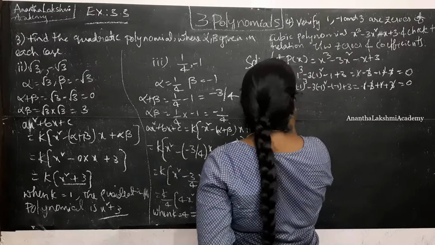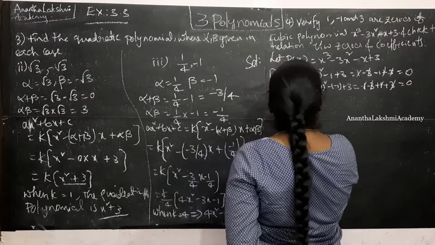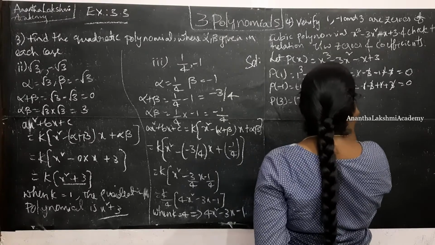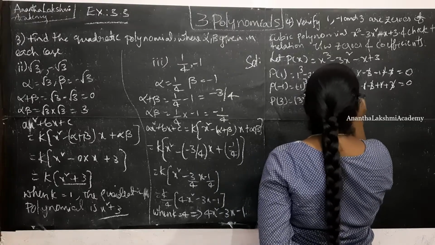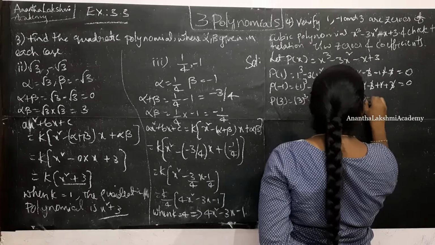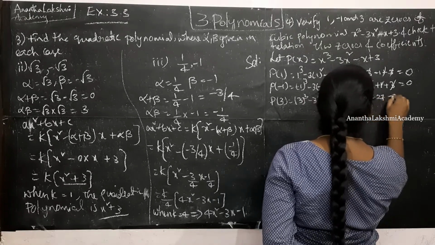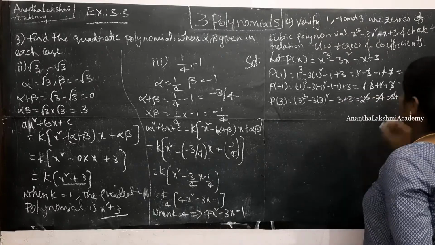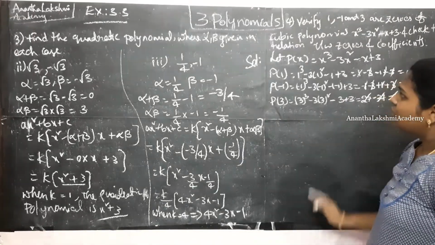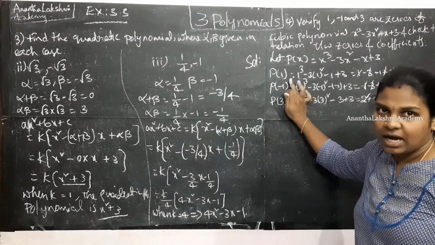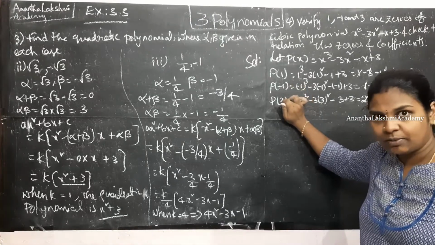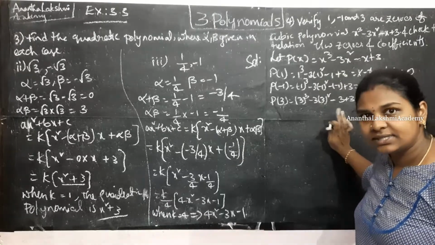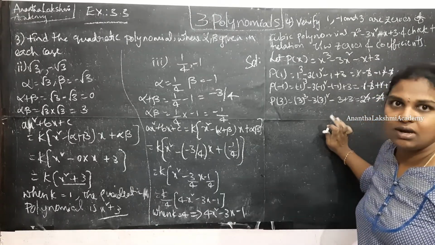Next is P of 3. 3 cube minus 3 into 3 square minus 3 plus 3, which is 27 minus 27 minus 3 plus 3. Again minus 3 and plus 3, and plus 27 minus 27 are getting cancelled. So when you substitute the values 1, minus 1 and 3 in the polynomial, what is the result that we are getting? 0. Hence 1, minus 1 and 3 are the zeros of the polynomial.